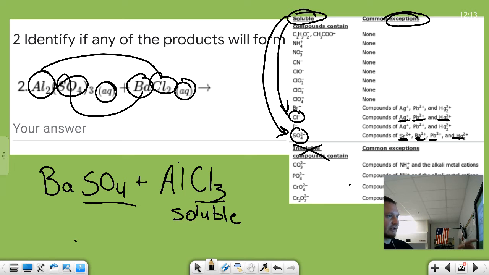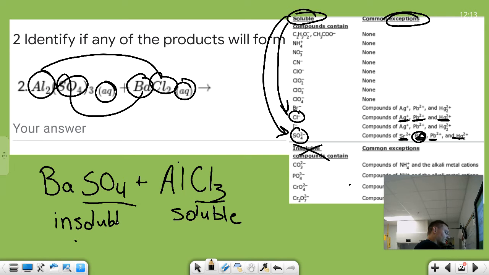Sulfate, SO4, on the other hand, is with barium, Ba, and it is on our list right here. What this is saying is that sulfate is soluble except when attached to barium. So this is going to be the opposite of soluble: it will be insoluble.